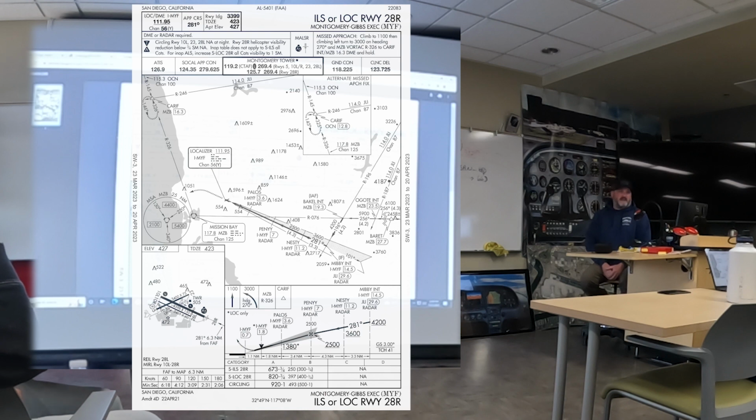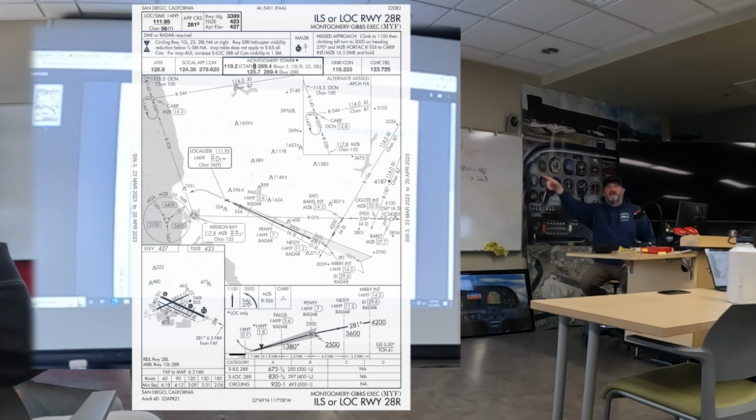This approach plate covers two types of approaches, the ILS or localizer. The reason why is this: the ILS turns into a localizer if the vertical component is inoperative. The ILS is a localizer approach if there is no glide slope.